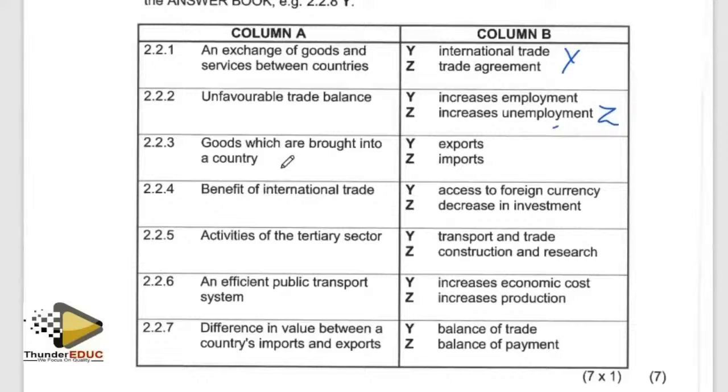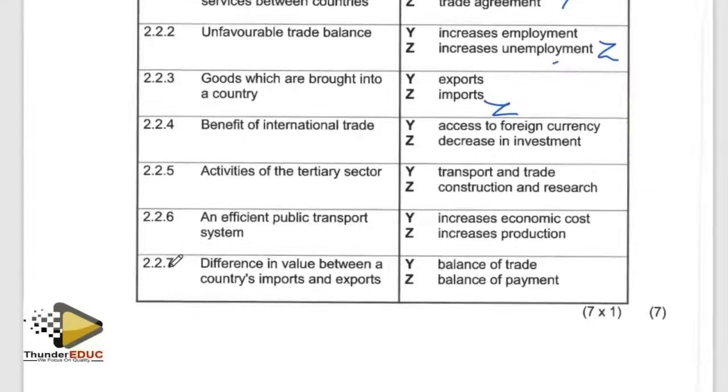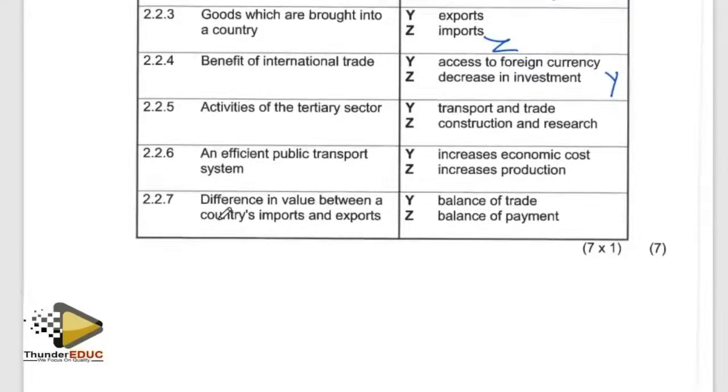So goods which are brought from another country, are they exports or imports? Obviously, they are imports. Okay. 4, benefits of international trade, access to foreign currency and decrease in investment. It's a benefit. Decrease cannot be a benefit. So the answer is obviously the Y. Activities of the tertiary sector. Which activity? Transport and trade. Construction is secondary. So we take Y here. Okay.